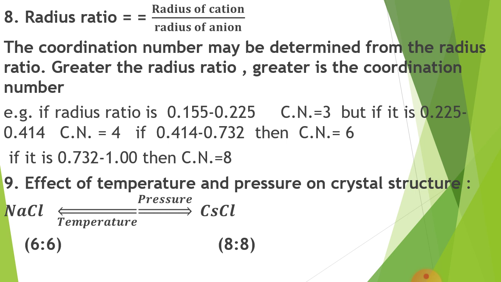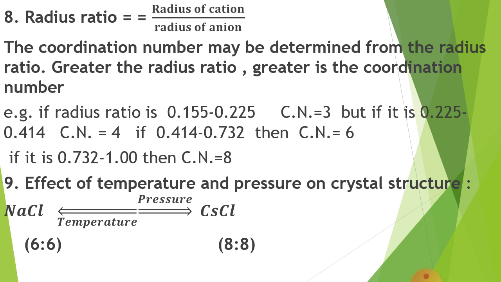If the radius ratio is 0.155 to 0.225, then the coordination number is 3. If it is 0.225 to 0.414, then the coordination number becomes 4. If it is 0.414 to 0.732, then the coordination number is 6. If it is 0.732 to 1.00, then the coordination number is 8.